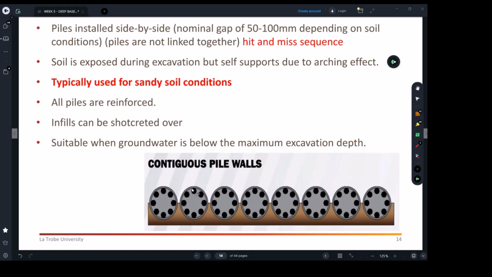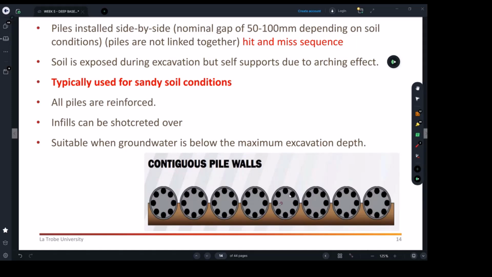Usually, sometimes they don't need to have that bumpy look. They may leave a 50 mil gap and pour a straight line of concrete to have a nice wall finish, and they can fill the gap as well.